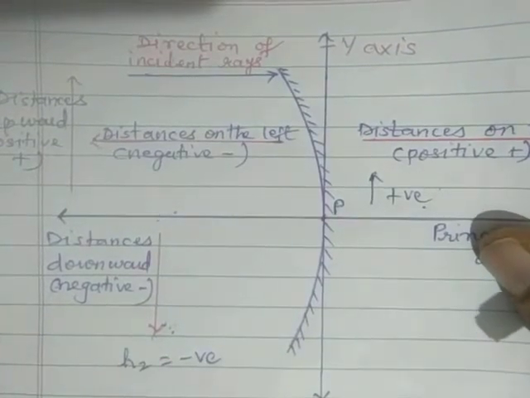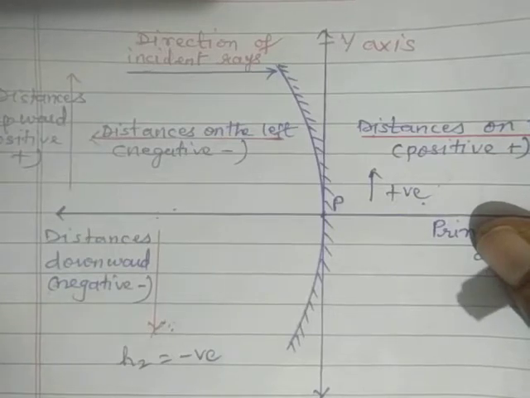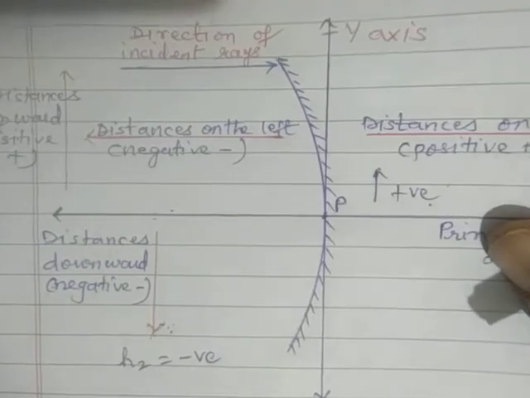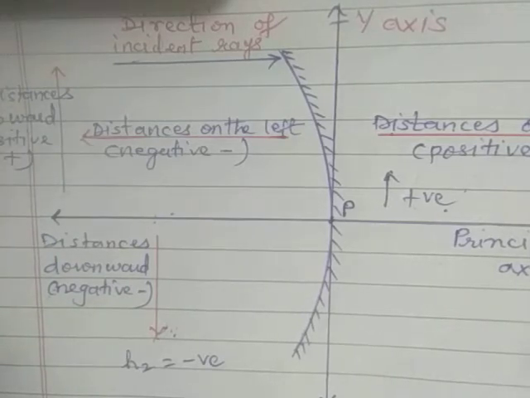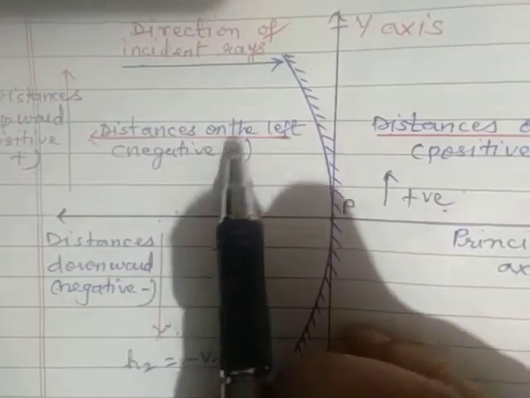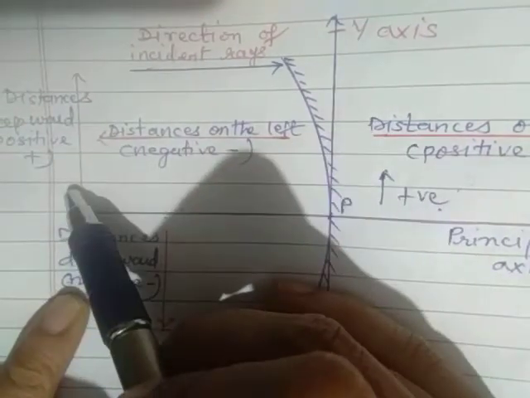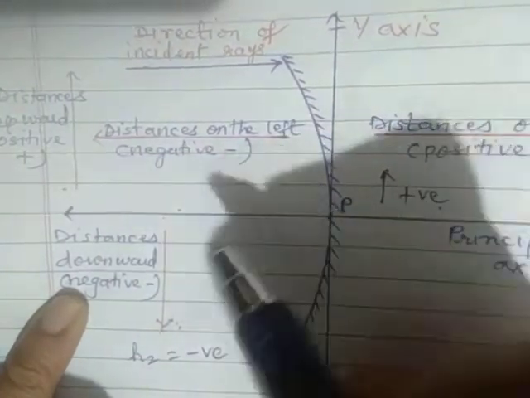Okay, so this is regarding the sign conventions using the Cartesian system, and the magnification and mirror formula we have learned today. I hope you understood. So remember, the object is always kept on the left hand side. Therefore, object distance U will always be negative.